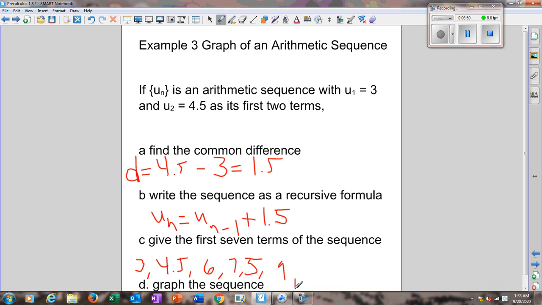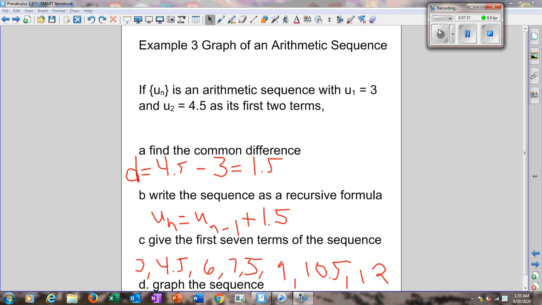That's 1, 2, 3, 4, 5, 10.5, and 12. Okay, so that's parts A through C.